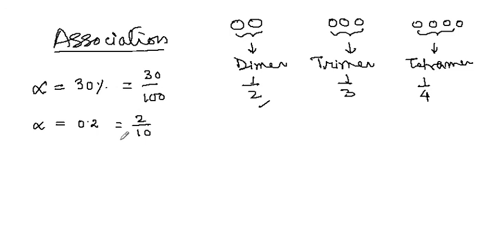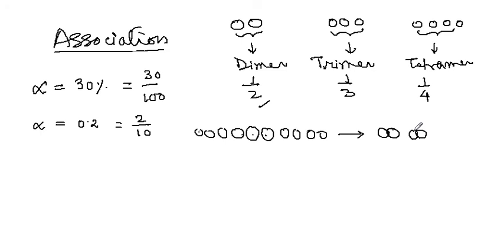Regarding the association, let's take an example like the earlier case. Let's say we have 10 cookies. 1, 2, 3, 4, 5, 6, 7, 8, 9, 10. We have 10 cookies, and we have attached 2 cookies.